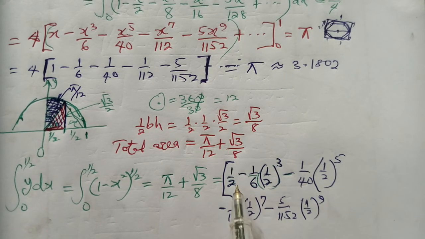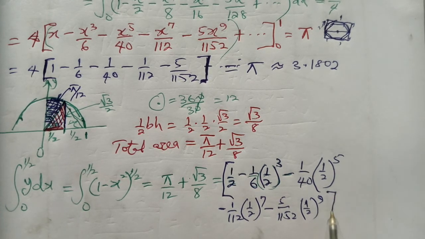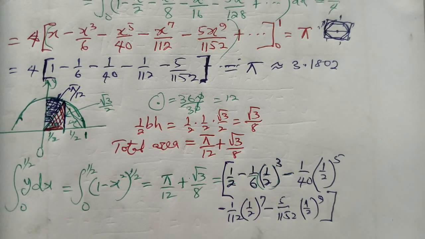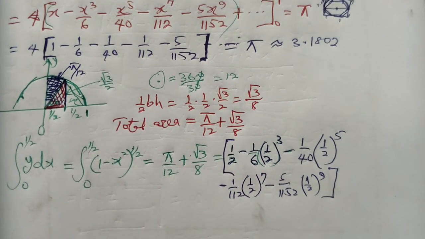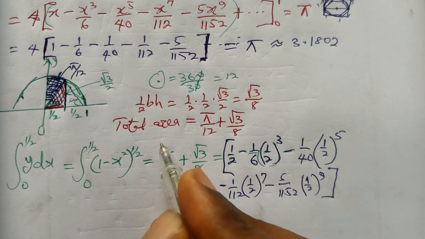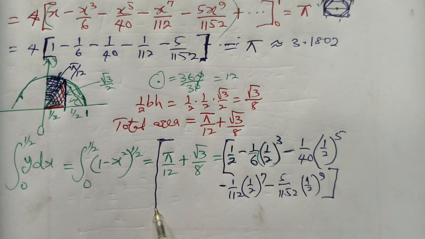So let's stop at the fifth term, 1 2 3 4 5. If we stop there, we will have this. So what we want to solve is this whole thing.